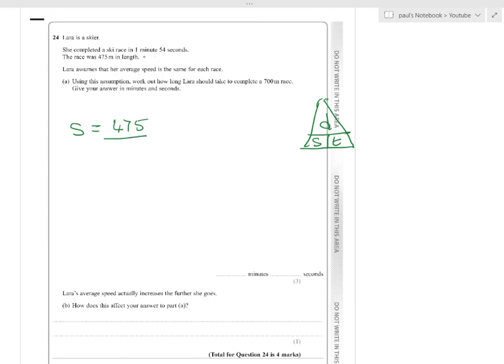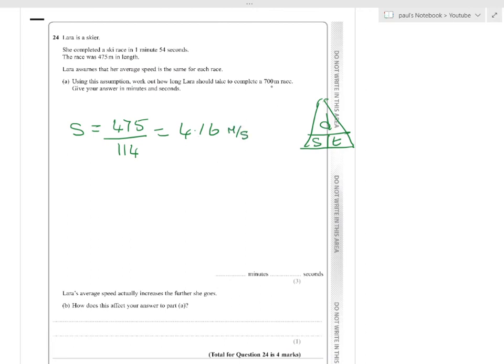I'm going to do it in seconds, 60 and that is 114. So 475 divided by 114 is 4.16 meters per second. Now, we've got the speed.